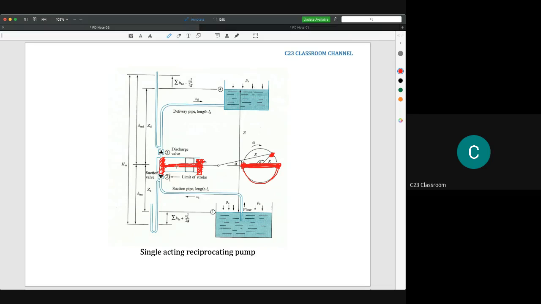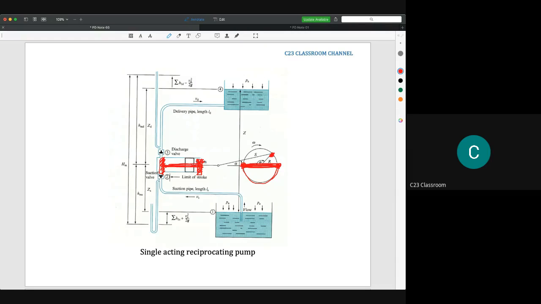Because this distance will determine the volume. As we know, a piston pump moves fluid by creating a volume, so we need to calculate the volume every time the piston pump sucks liquid and pushes liquid back to the discharge line.